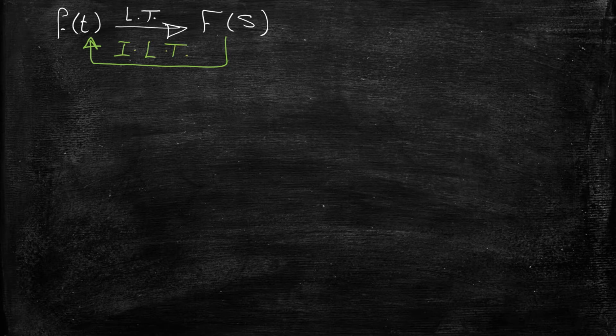There is no direct formula to get this inverse Laplace transform, but rather we will go through a few steps to think about this inverse transformation. First, the easiest and simplest way is to just get it from the table.